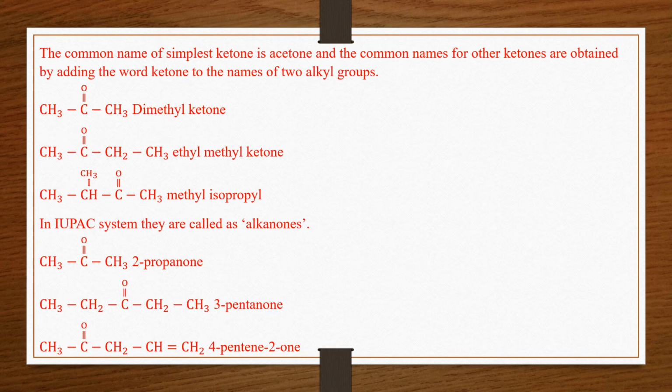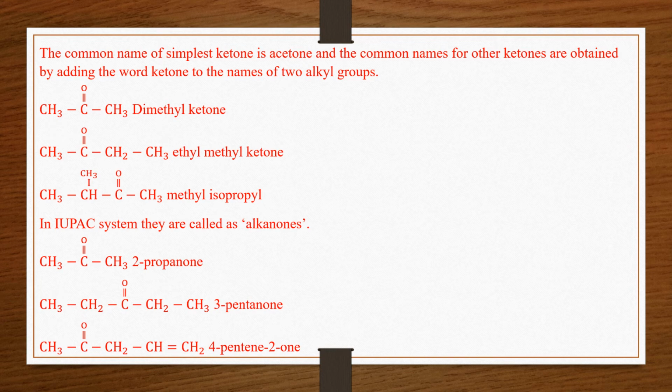So you can also write it as adding the word ketone to the names of two alkyl groups. What are the two alkyl groups present in this compound? CH3. What is the CH3 group called? It is called the methyl group. How many methyl groups are there? Two methyl groups. So what should you do to get the name of this compound?